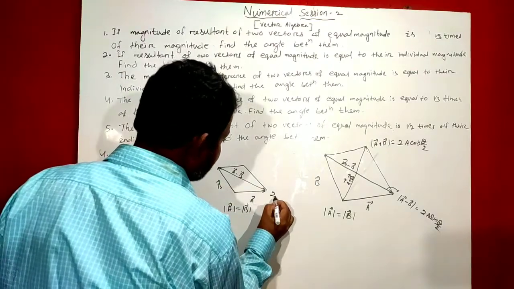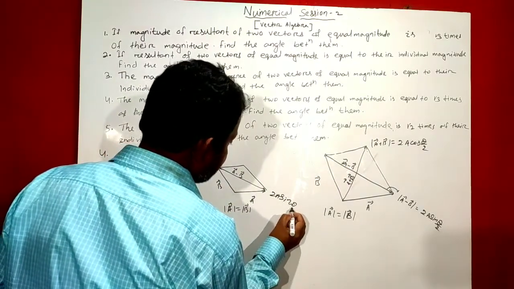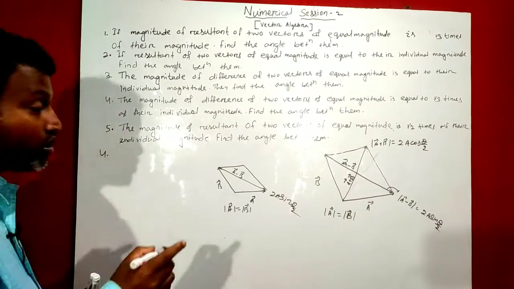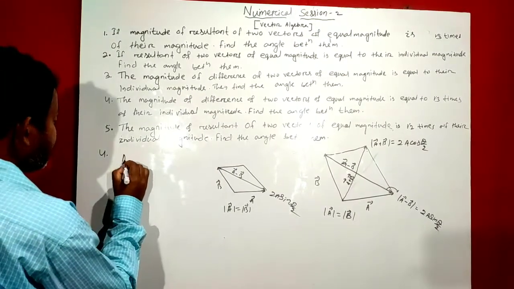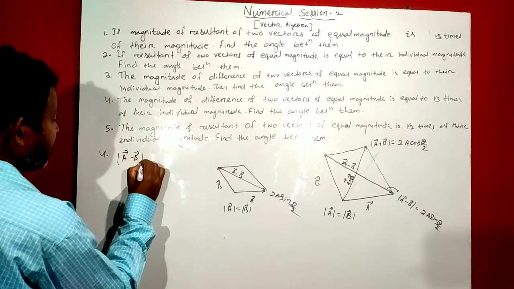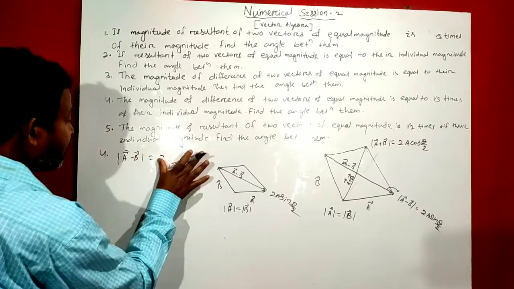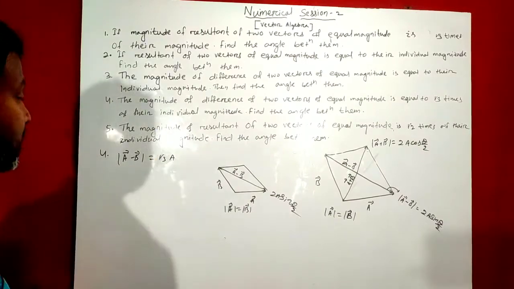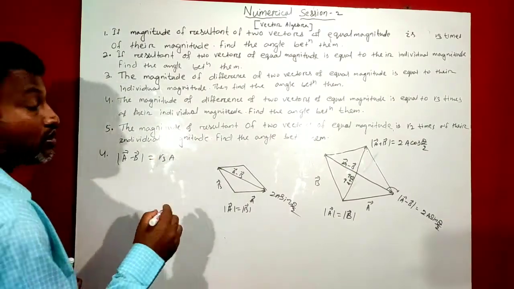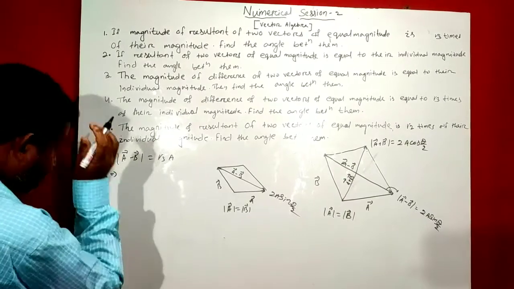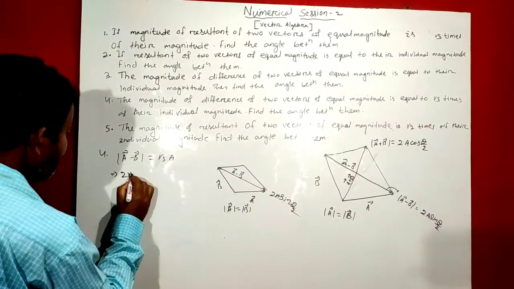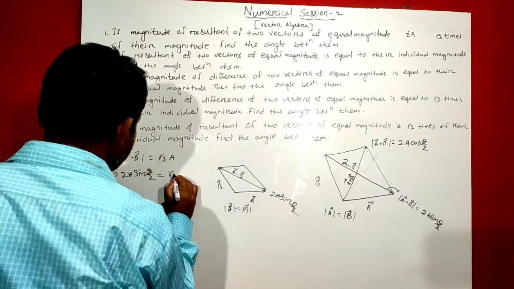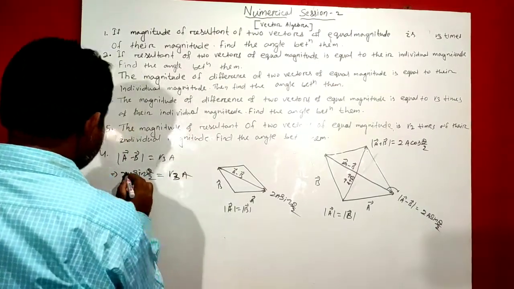This is A difference B, which is 2A sin theta by 2. So according to the question, A difference B is equal to root 3 times the individual magnitude of the vector. That is 2A sin theta by 2 is equal to root 3 A. A cancels on both sides.